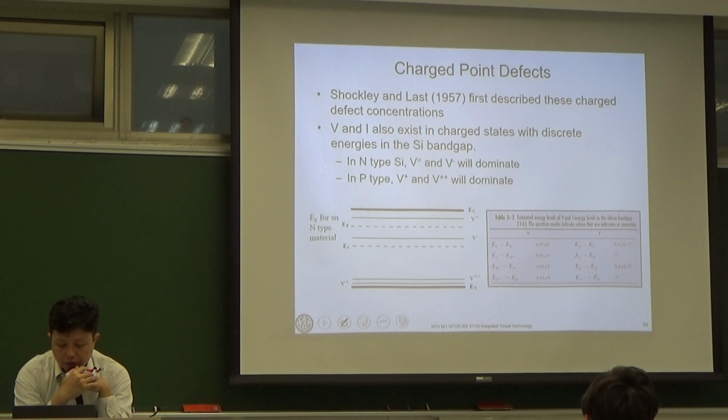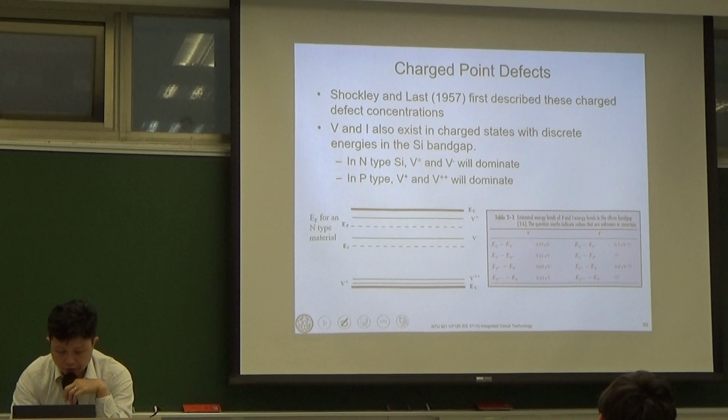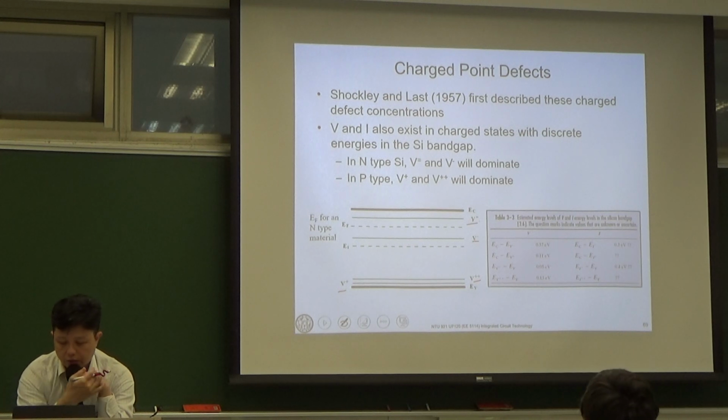But a defect will create this kind of state. And once electrons or holes populate this state, you will change the defect's charge neutrality. So here we have V plus, V plus plus, V minus, or V minus minus states.